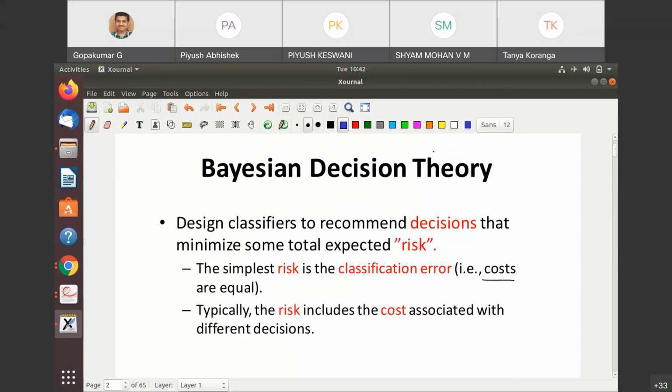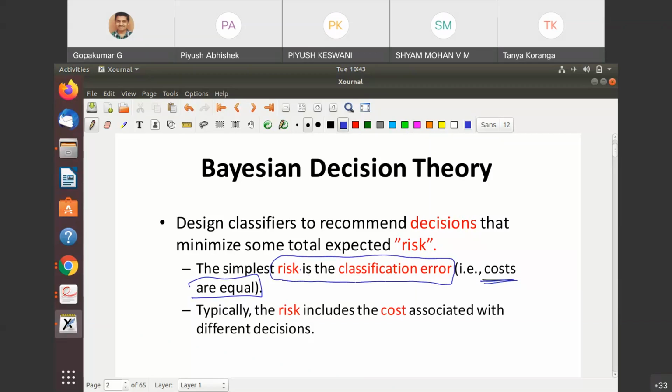That can have a different impact on the company's reputation as well as income, so the cost involved can vary with respect to the decision that we make. But assume that wrongly predicting sea bass and wrongly predicting salmon are, for the time being, equal. Then the risk is the classification error. That is an important thing.